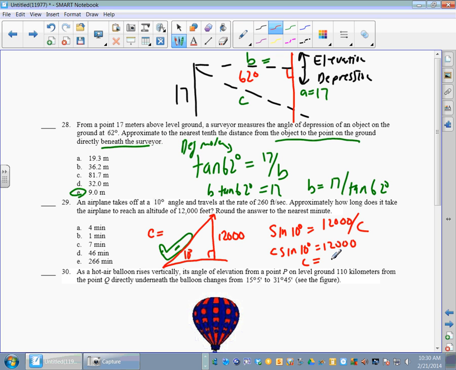How much is it? C? 69,105. That's feet. So if your rate is 260 feet per second, how can you find out how long it would take? Yeah. Distance divided by rate equals time. So if you divide by 260 feet per second, how many seconds is that?